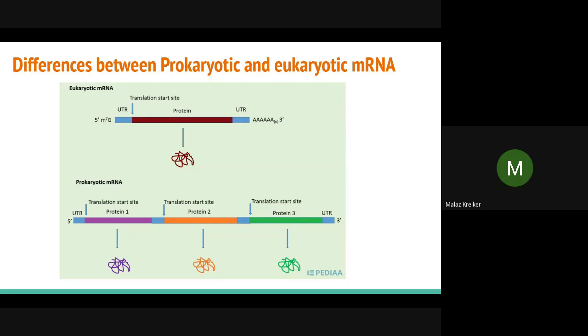But prokaryotic mRNA is called polycistronic, where one operon, a segment of DNA controlled by a promoter, means one promoter controls the expression of multiple genes, or I'm sorry, multiple proteins. So one mRNA could be translated into multiple proteins, whereas in eukaryotes, one mRNA codes for one protein. They tend to ask about that usually, so I thought I would bring it up.